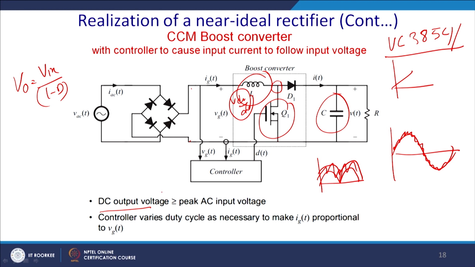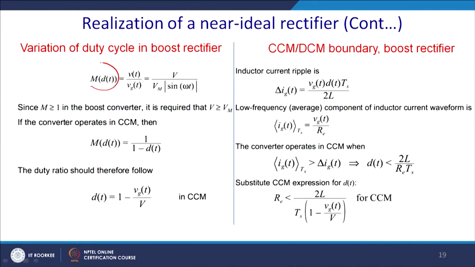The output voltage is greater than the peak AC input voltage, and the control varies the duty cycle necessary to make Ig proportional to Vg. Now, regarding variation of the duty cycle in the boost rectifier, you will find that the modulation index is basically the ratio of Vt by Vg, essentially V by Vm sin omega t.